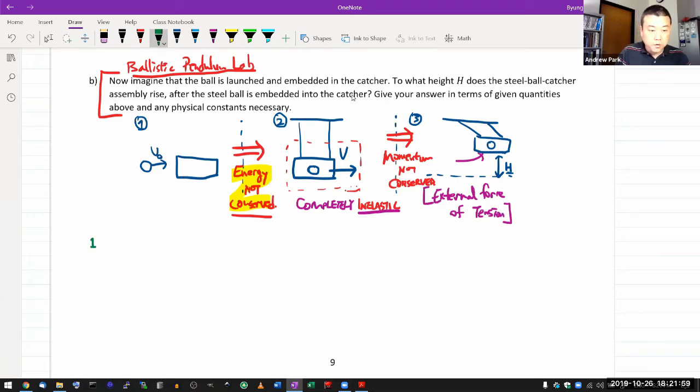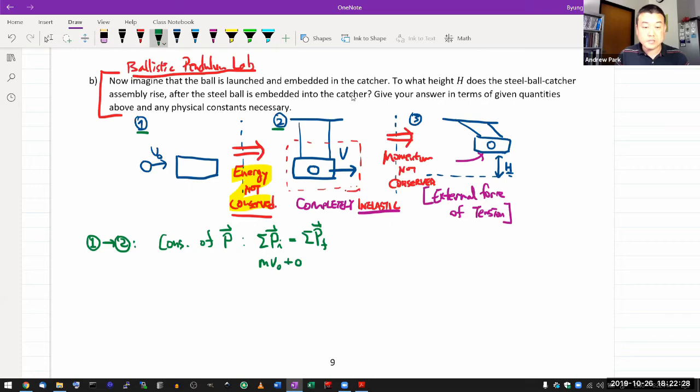So you look at going from step 1 to 2. So here you are going to be using conservation of momentum. So you write out the total initial momentum is equal to total final momentum, with initial and final referring to snapshots 1 and 2. So in snapshot 1, only the ball has momentum, so it's going to be m v naught plus 0 if you want to spell out that the catcher doesn't have momentum.